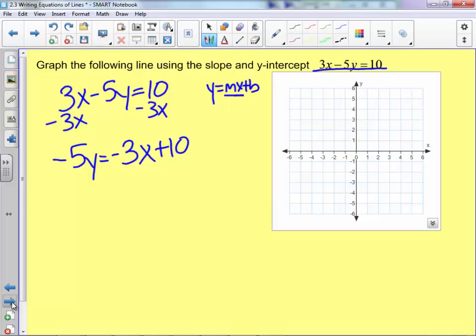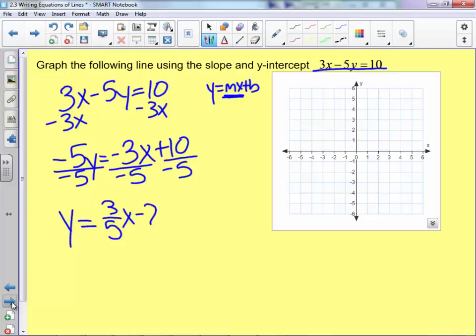So that x should be first. We still need y by itself, so we'll divide everything by -5. For our x's, those negatives will cancel, so we're left with 3/5 x. And then 10 divided by -5 is -2.